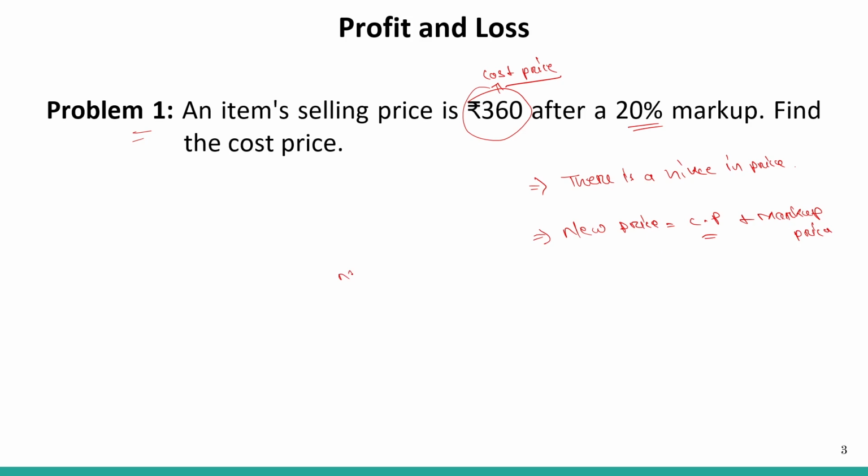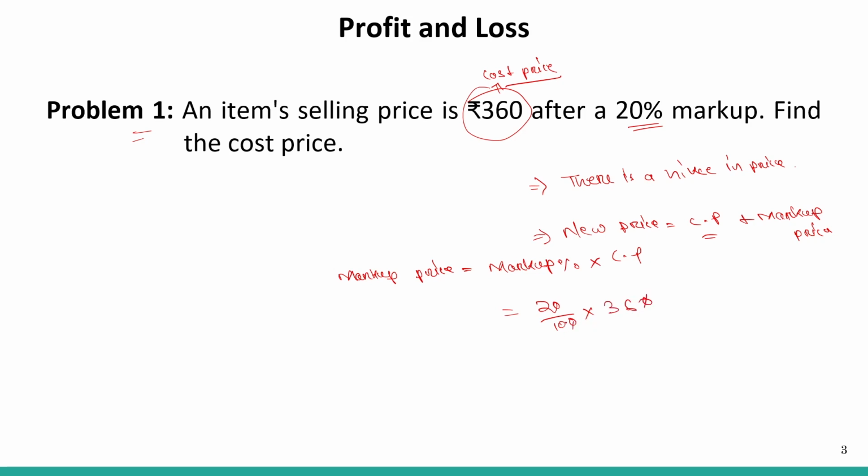So how to calculate markup price? So markup price is equal to the markup percentage multiplied with cost price. So this is equal to 20 by 100 into 360, right?